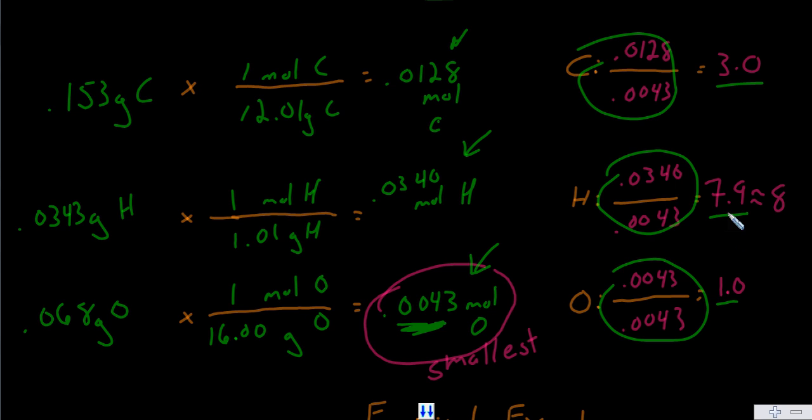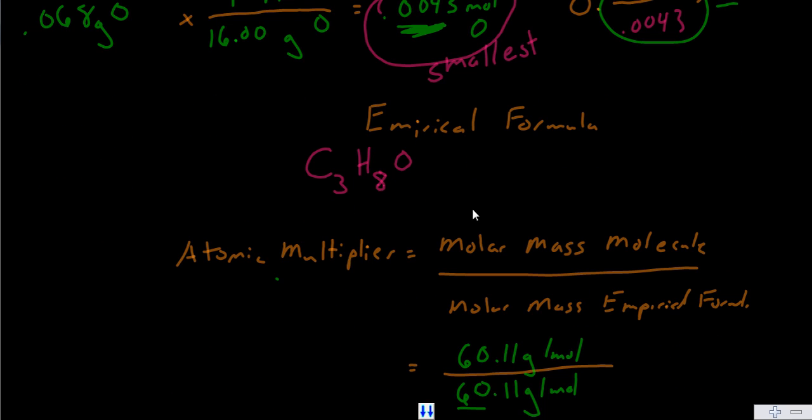More likely, you don't have 7.9 hydrogens per oxygen. Instead, you have, rounded a little bit, 8 hydrogens per oxygen. And so there's a ratio of 3 to 8 to 1. There are 3 carbons per 8 hydrogens per 1 oxygen. And so the mole-mole ratio of all of these elements gives us the empirical formula.